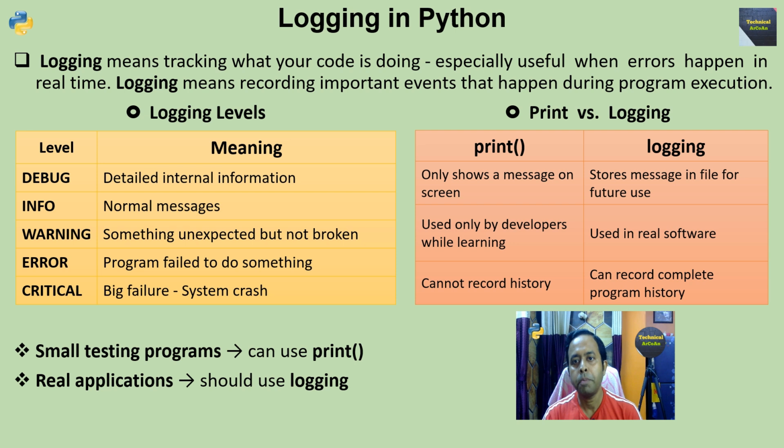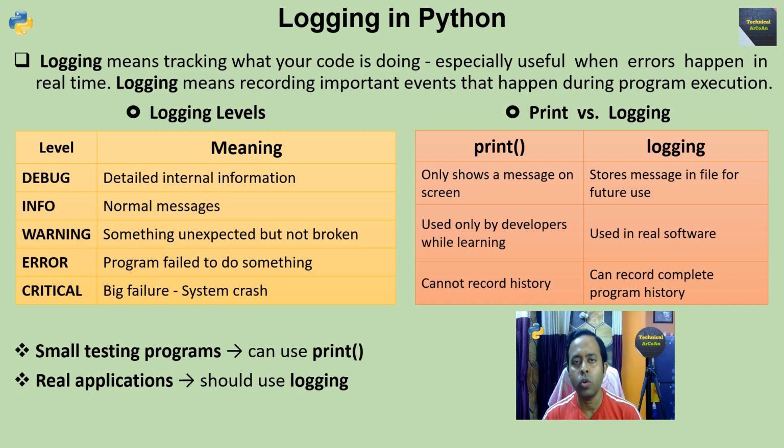The print function is used only by developers while learning, but logging is used in real software, real applications. The print function cannot record history, whereas logging can record complete program history in a log file. We can say small testing programs can use the print function, but real applications should use logging.